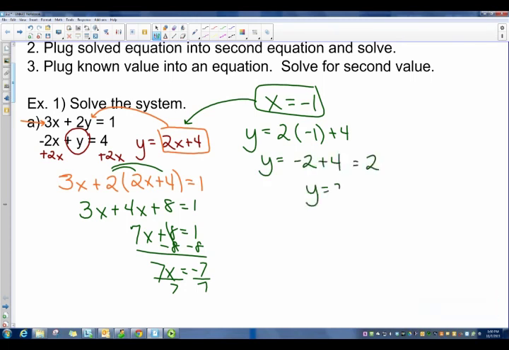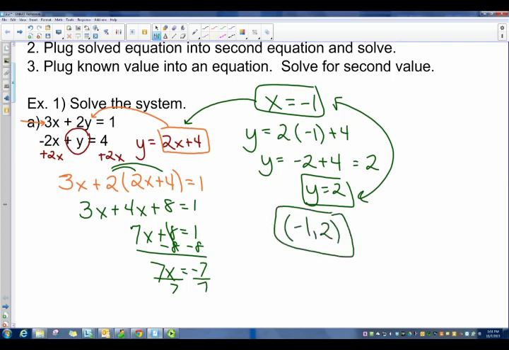So y equals 2, and there you are. This is your set of answers where x is negative 1 and y is 2. It actually represents a point, the point negative 1, 2, (x, y). That's the point where these 2 equations, if I were to graph them, intersect each other.